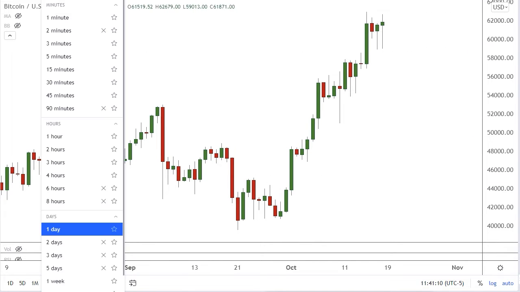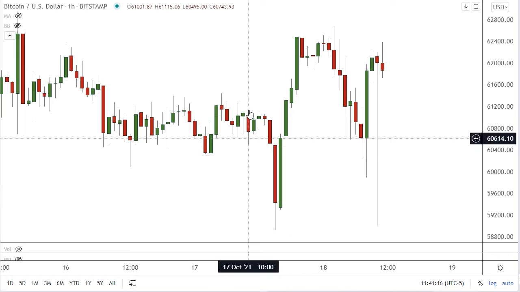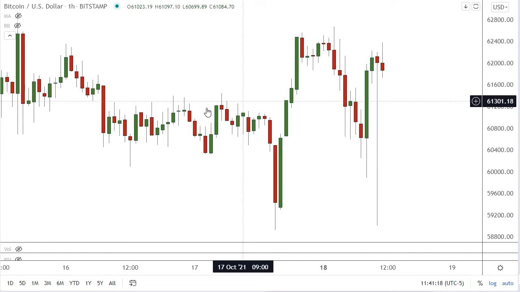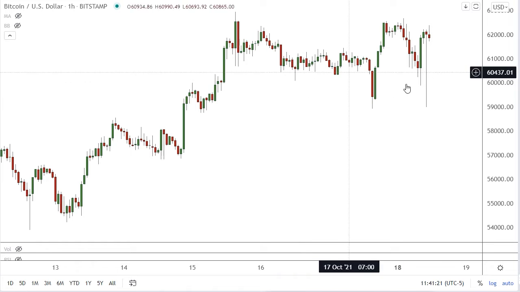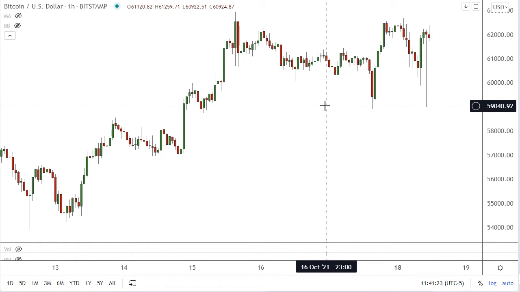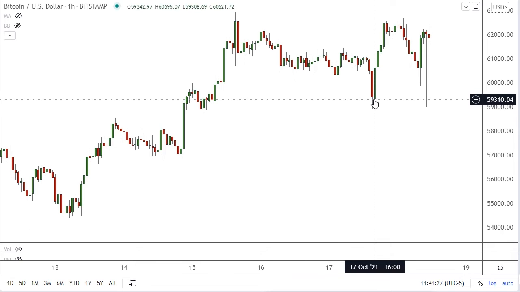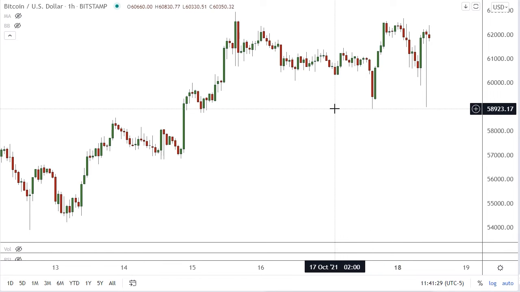And we can change that. We don't have to follow that daily chart and 24-hour period. We could change it to a 60-minute, 1-hour period. Here, every bar on this chart represents a 60-minute period, and it begins at the top of the hour and ends at the top of the hour.